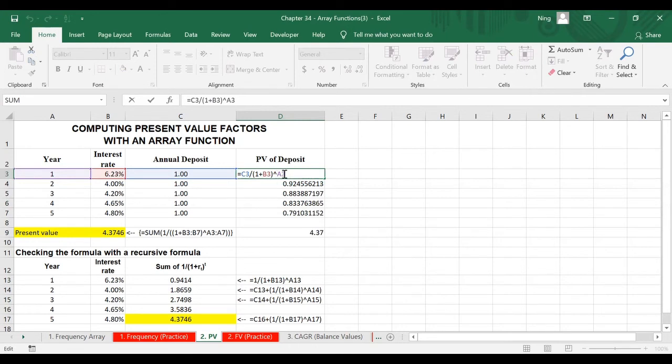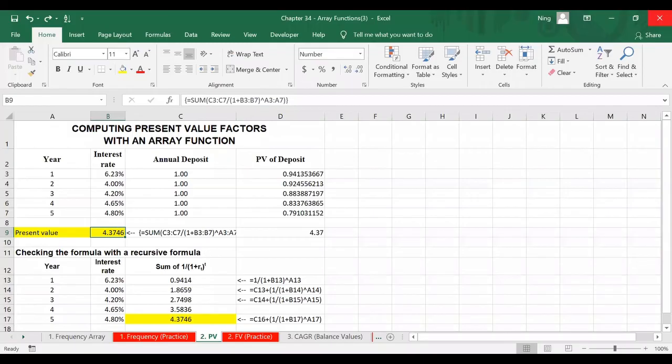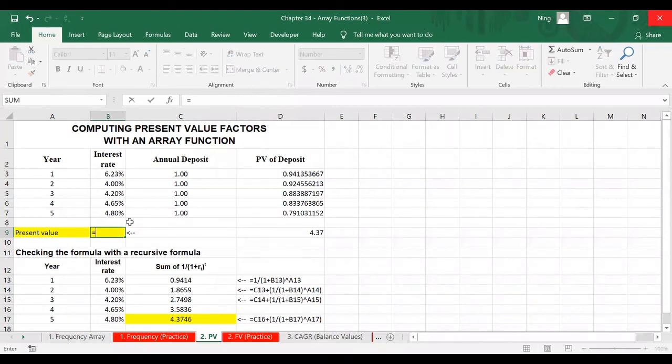So if you swap out the singular values in the formula with the array that the singular values belong to, then you build a homemade array function. This is how you're going to do it. You're going to sum up all the present value of the future deposits.